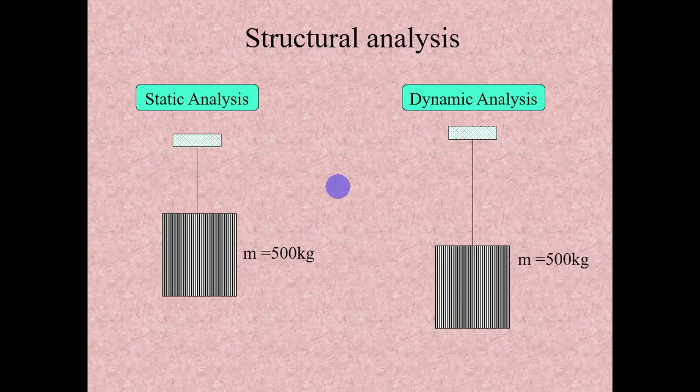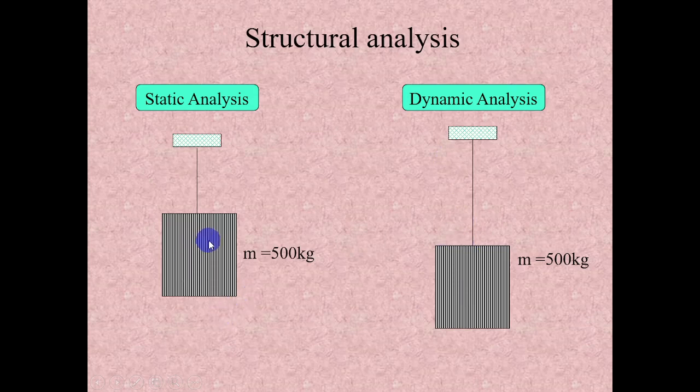To understand the difference between static analysis and dynamic analysis, I have considered one simple example of a lift that we see in our daily life. Case one is a static case: this lift is static and not going to move in any direction. The second case is the dynamic case, where the lift is going to move in an upward or downward direction.